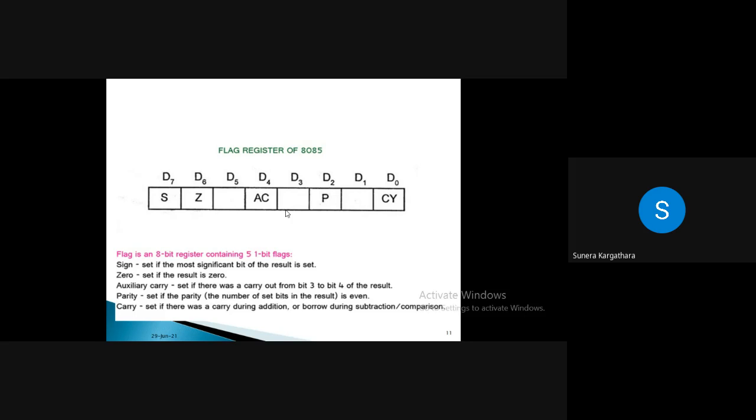So ultimately auxiliary carry flag is not used by the user to check any condition or to take any decision, right? I cannot decide my condition after checking 4 bit because I'm using an 8 bit processor. So obviously I need to check the condition of each and every bit after operating each and every bit of my result or of my data, right?